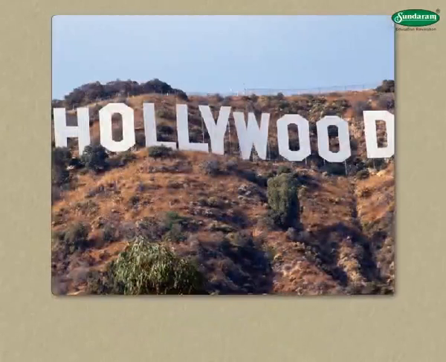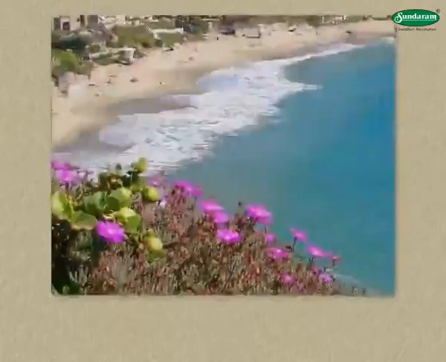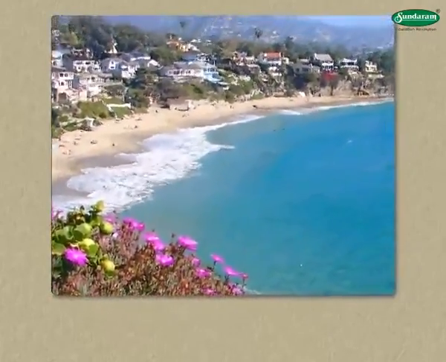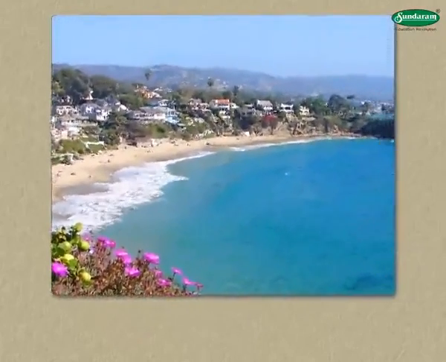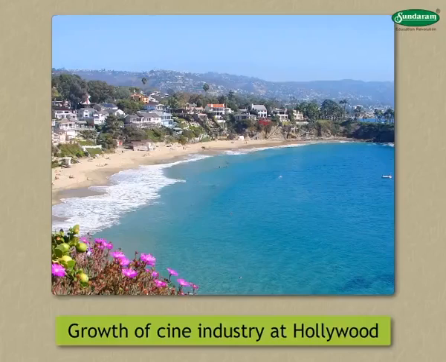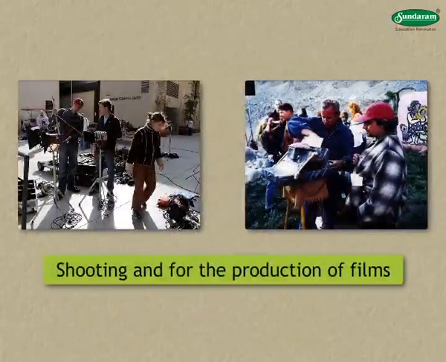Hollywood, known for the cine industry, is located near this city. Beautiful beaches, clear cloudless skies useful for cinematography, plenty of sunlight, etc. are some of the natural gifts that have favored the growth of cine industry at Hollywood. A number of people come here for shooting and for the production of films.